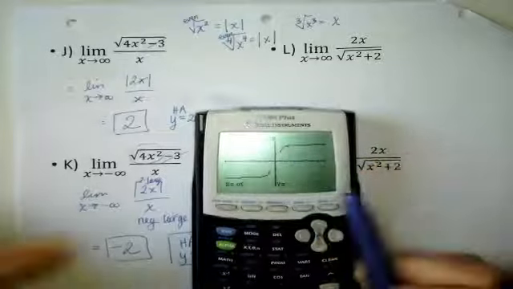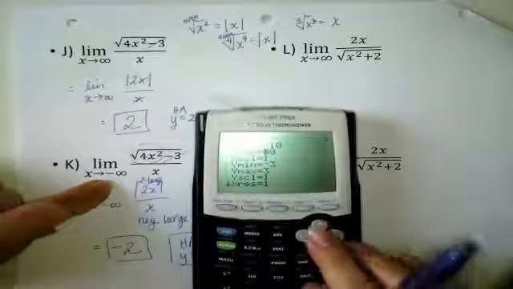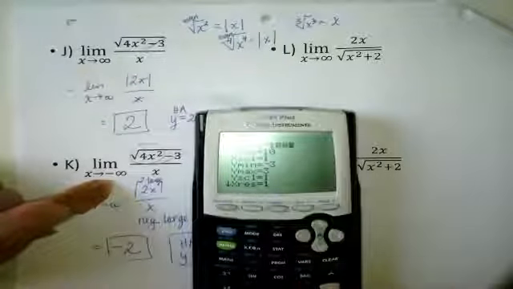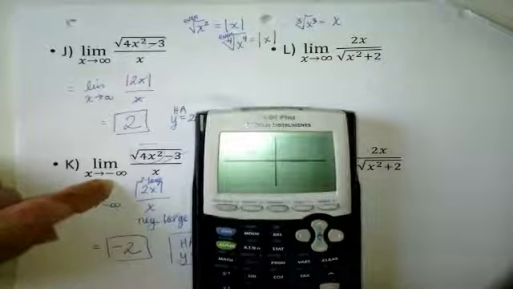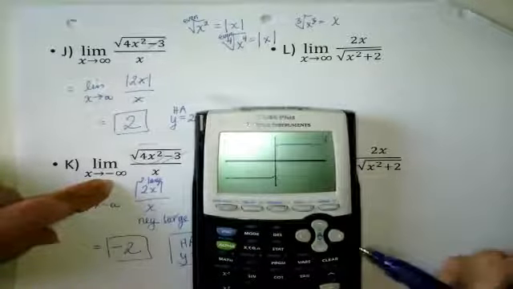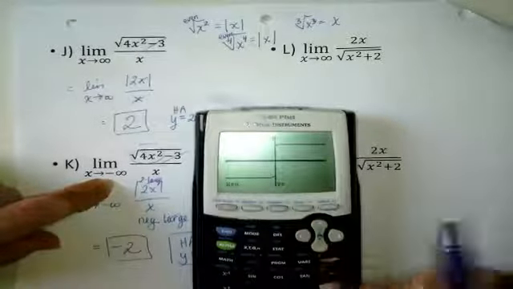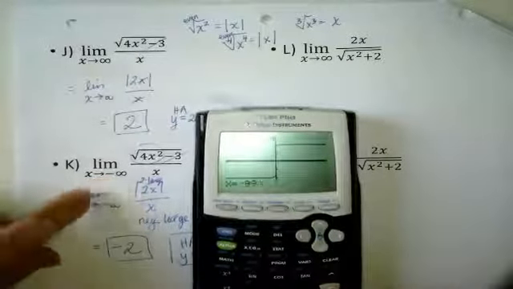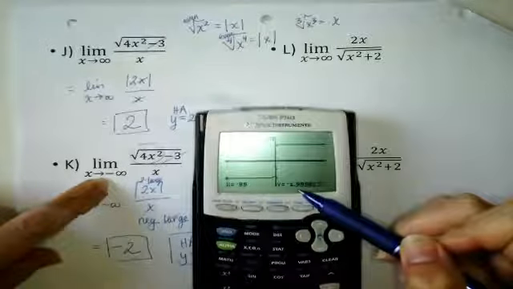But you can see, I'm going to change the window. We wanted negative, so I'm going to go from -100 to +100 in the x direction, so we can see large values. Oh, cool. Interesting. You can see when x is like -99, a negative large value of x, we're at -1.999.